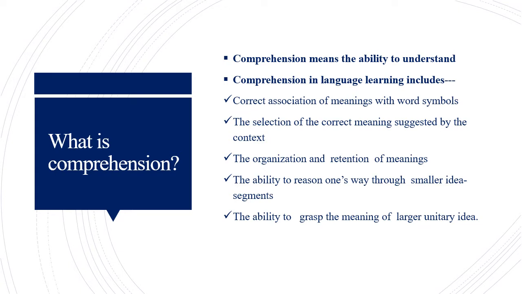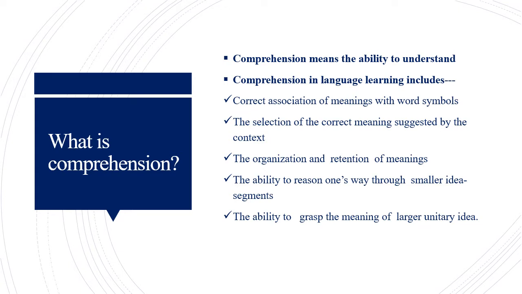Number 1, correct association of meanings with word symbols, means the comprehension takes place when we associate a particular meaning with the word symbols. Then the second level is the selection of correct meaning, because a word sometimes has several interpretations, several meanings.